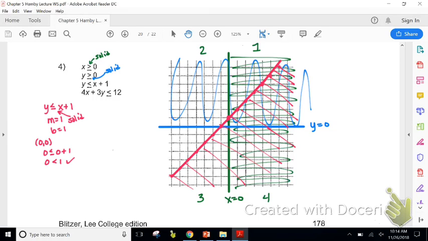All right, and then our last equation, 4x plus 3y is less than or equal to 12. We got to solve for y. We're going to use our slope and our y-intercept to graph.